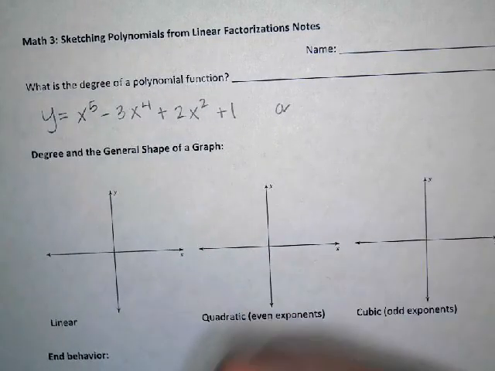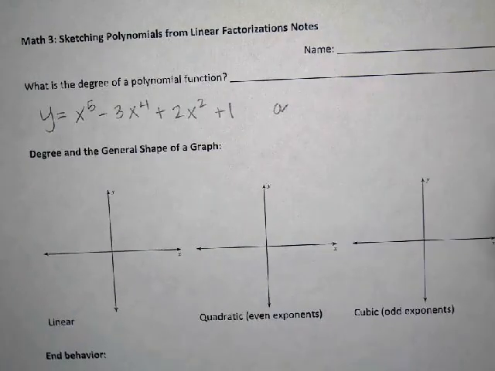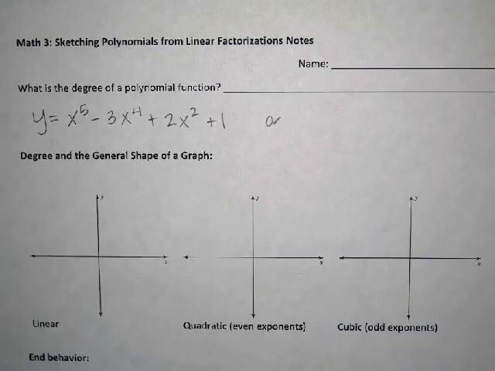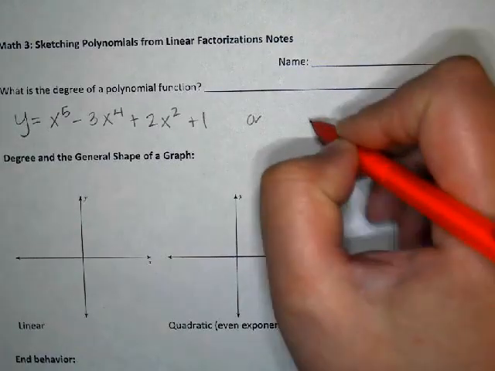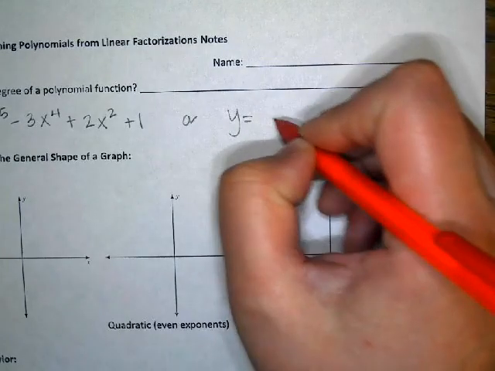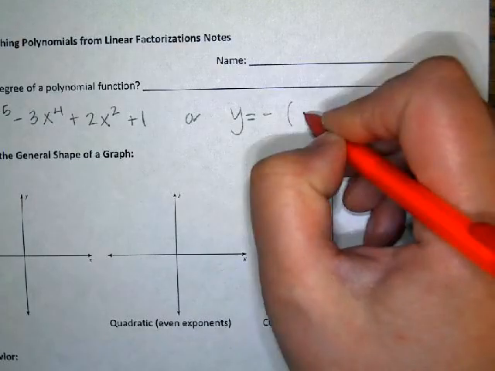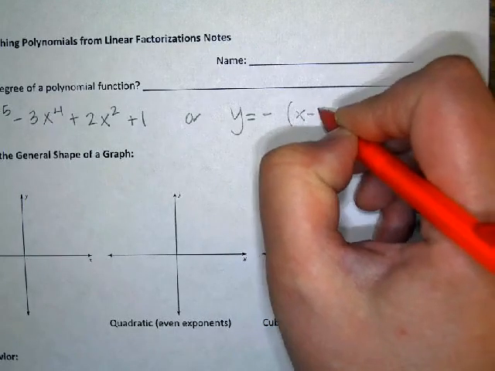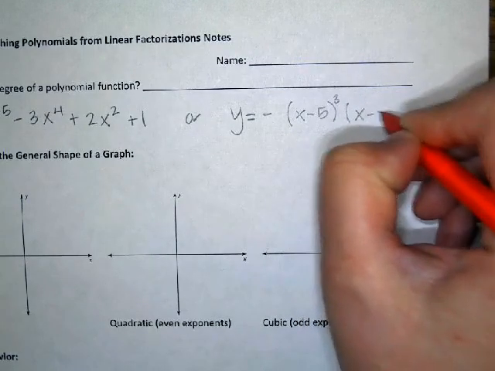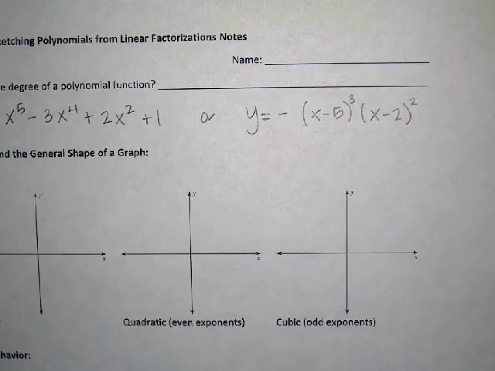Or they could be written in their factored form, which is kind of how we were writing them the other day when we were starting with the picture of the graph, and then we were writing out the x-intercepts and what the multiplicity of those x-intercepts were. So the other way is you could say maybe it's got a negative in front of it and the graph is upside down, and then maybe it had an x-intercept of positive 5 with a multiplicity of 3 and an x-intercept of negative 2 with a multiplicity of 2 or something like that.